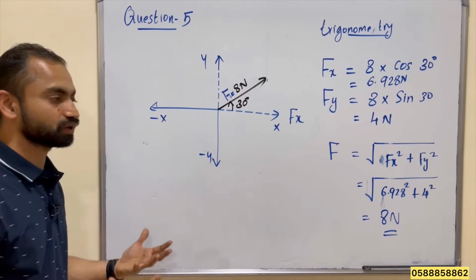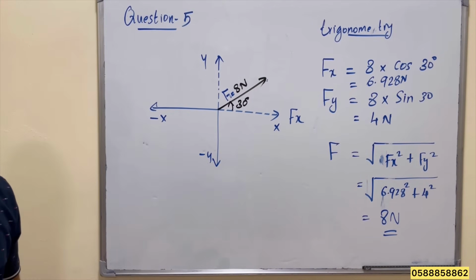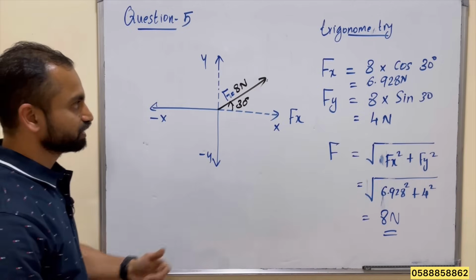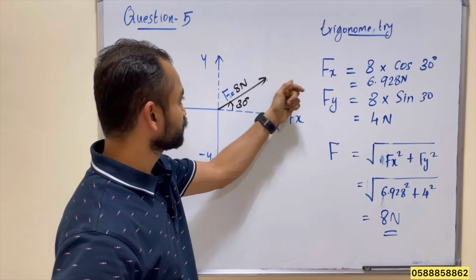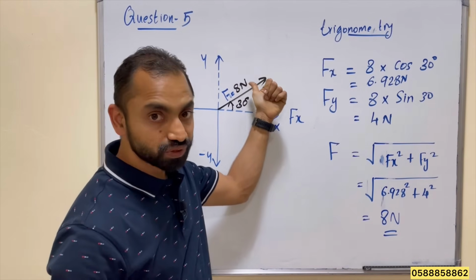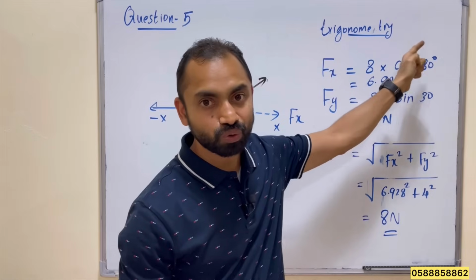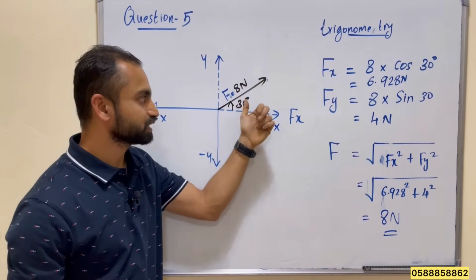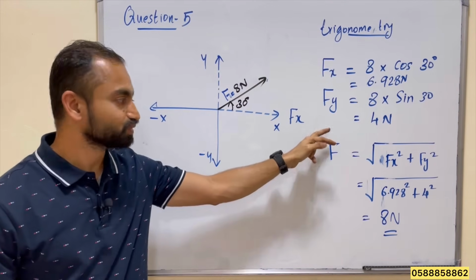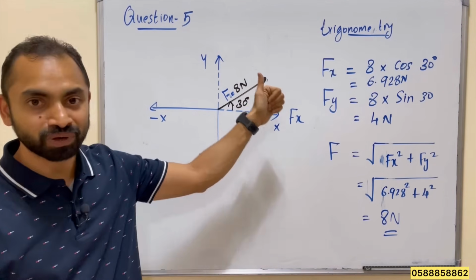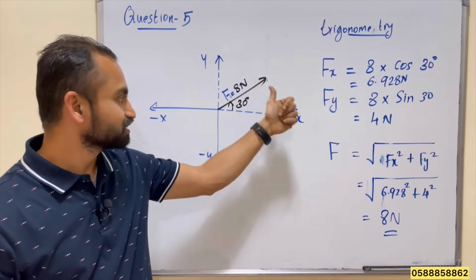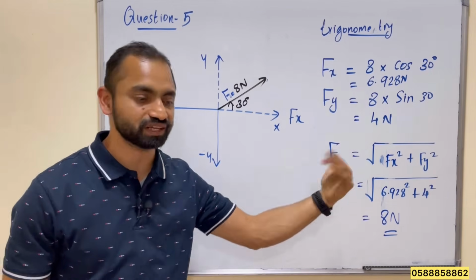So how to calculate the x component and y component using trigonometry? X component is equal to the given vector multiplied by cos of the given angle. Y component is equal to the given vector multiplied by sine of the given angle.